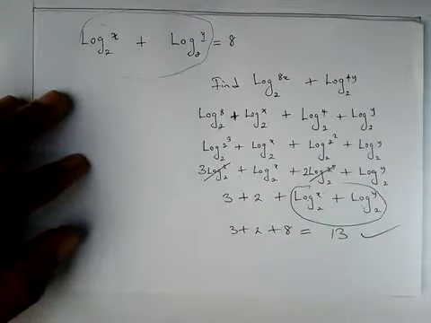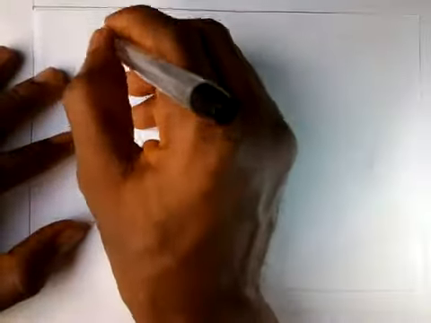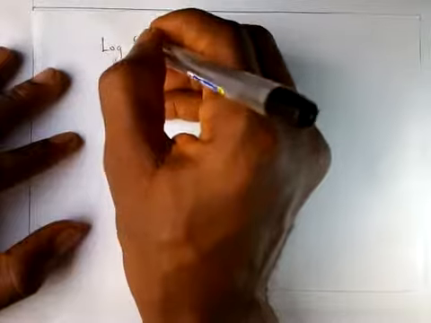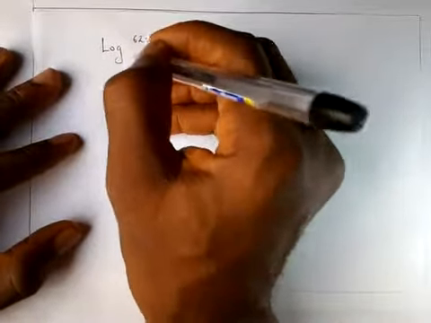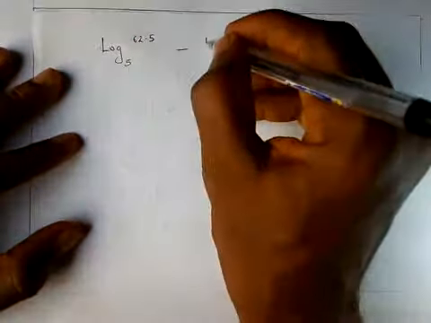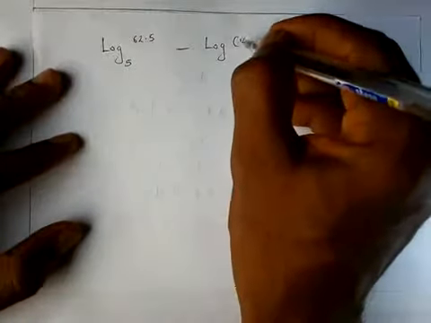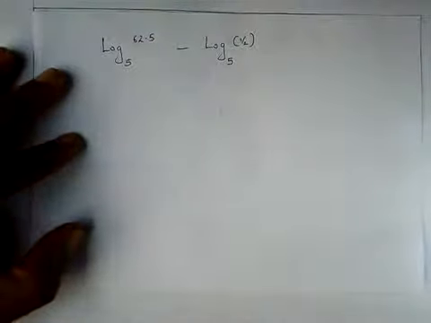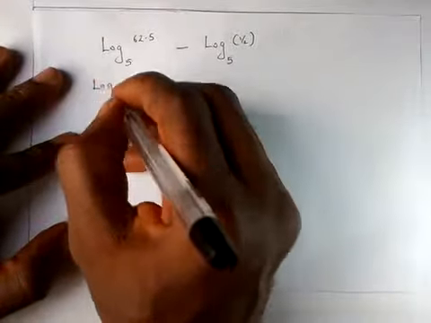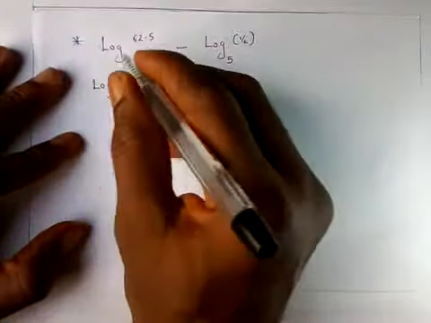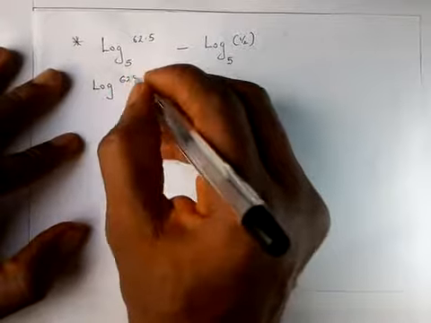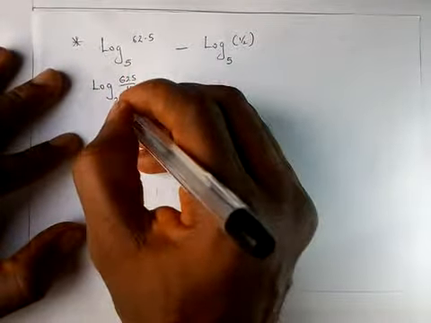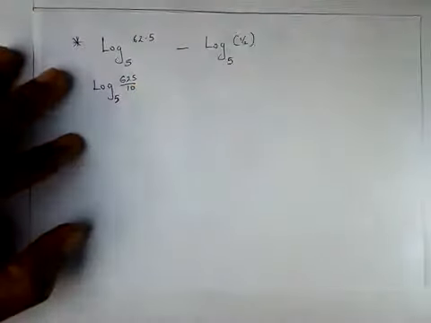The next question is demanding that we solve and simplify this logarithm: log 62.5 to base 5 minus log 1 over 2 to base 5. Okay, now this is something like log 62.5 is 625 over 10 to base 5.